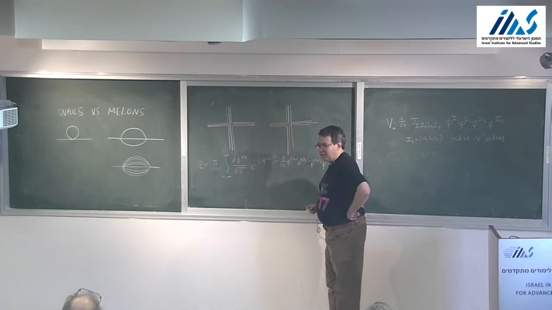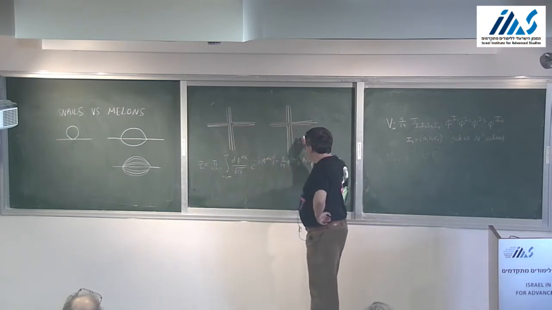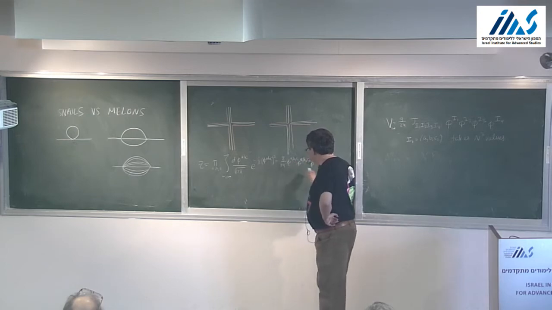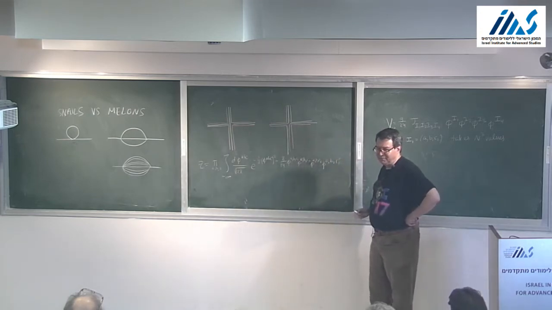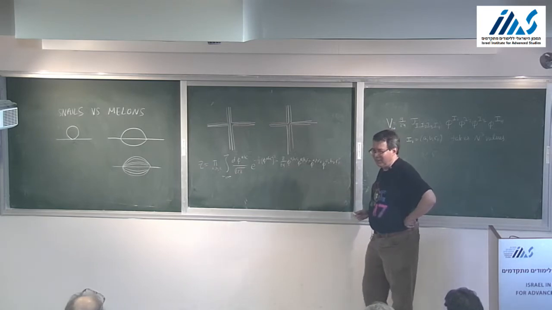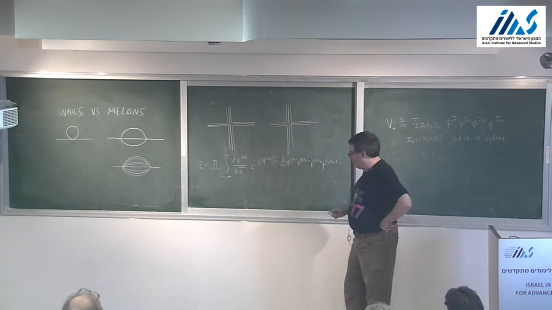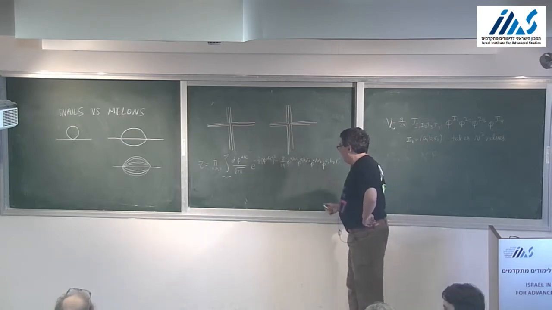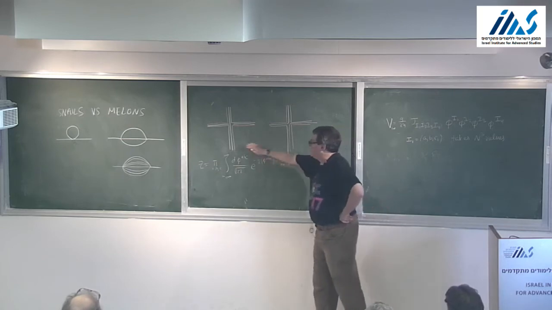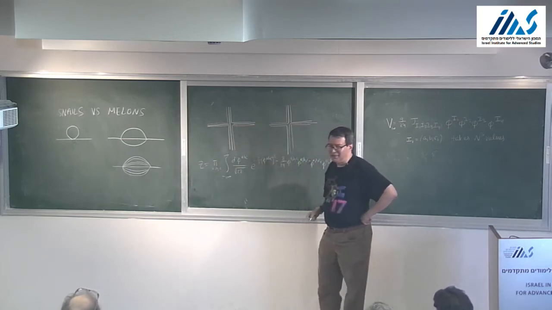Now, a short quiz. Out of these two diagrams, which one corresponds to this interaction? Another quiz: which one of these is the tetrahedron and which one is the pillow, what I called yesterday?